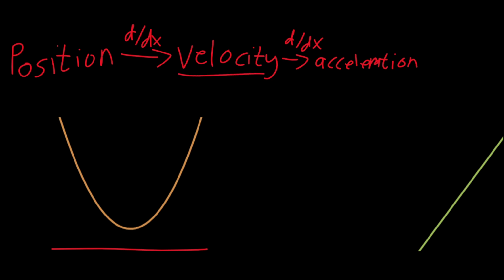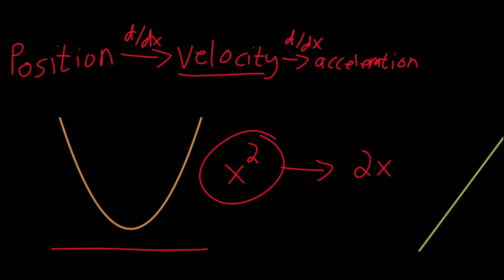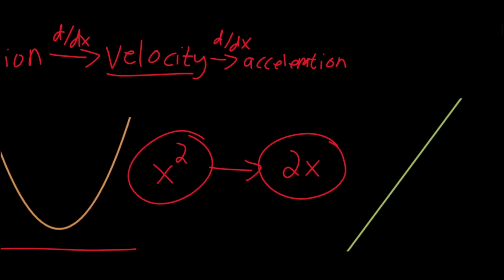And in general, a parabola is going to be something in the form of x squared. But what we established is that if we differentiate that, what we're going to get is like a 2x. So what this tells us is that based off of our position, we can find our velocity, yes, but our position was parabolic, yet our velocity is not parabolic. It is a straight line.